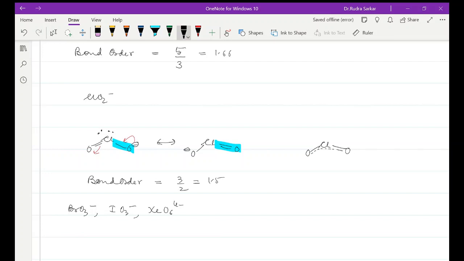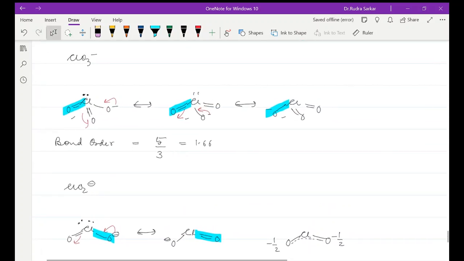Now see, this is a mononegative molecule, and since the charge is distributed on both the oxygens, this one will have minus half delta charge, and this too will have minus half delta charge on it. Or we can simply say minus half charge on one oxygen and minus half charge on the other oxygen.